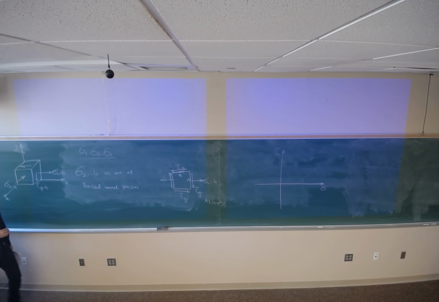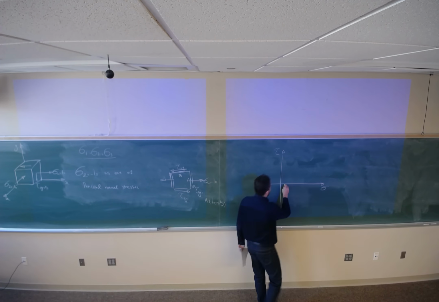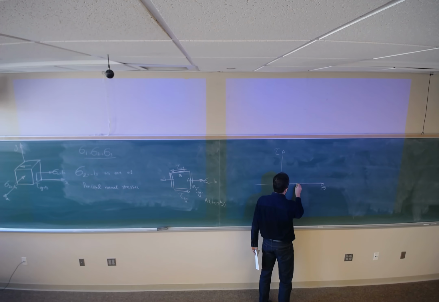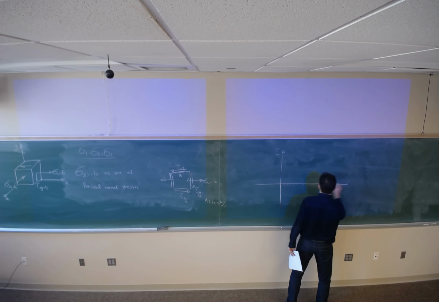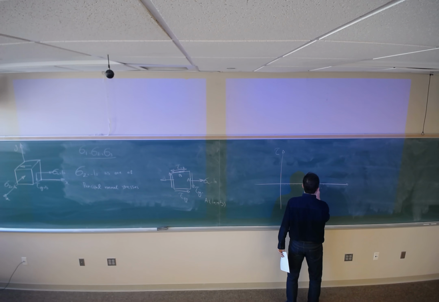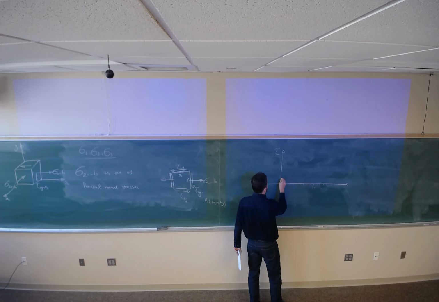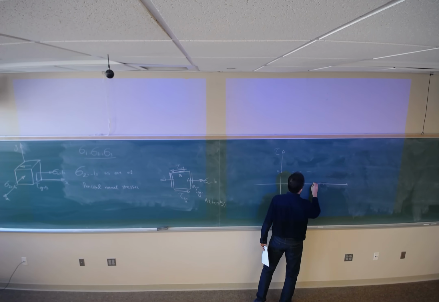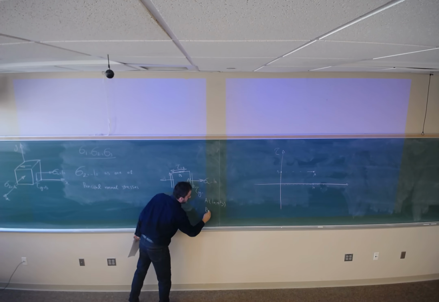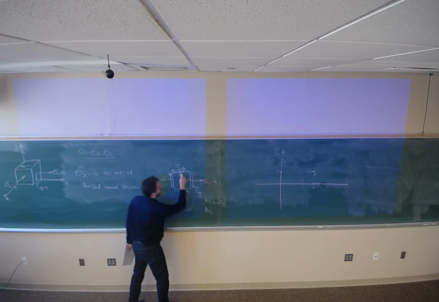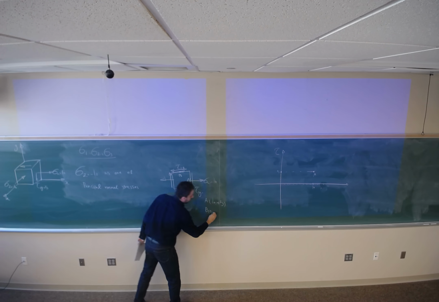So locate point A. Okay, this is point A. And point B is gonna be here, normal stress 0, and this one is counterclockwise, -5.